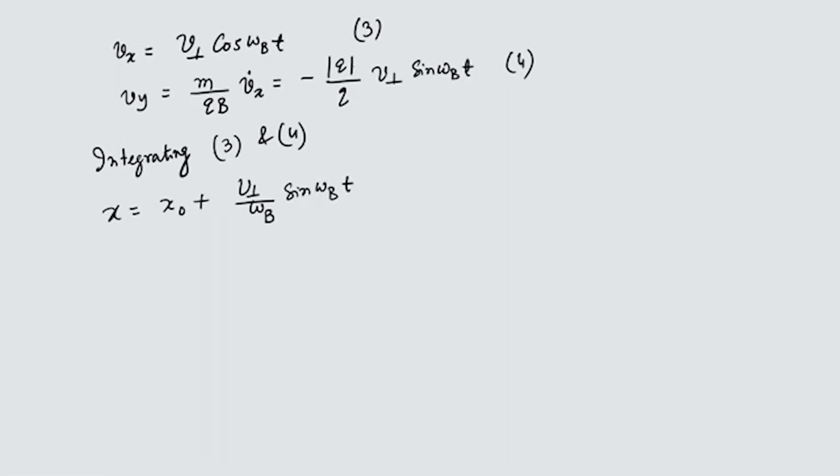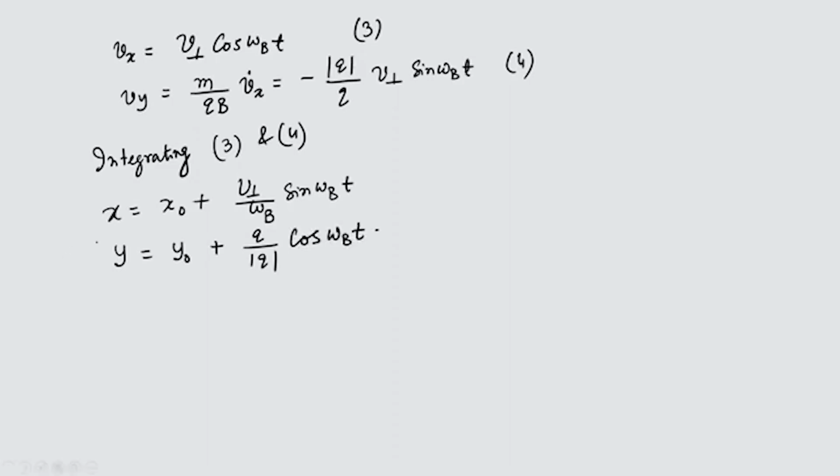So this will give me the x motion, and the y motion is almost similar, harmonic, but out of phase by an amount pi by 2. This is a cosine omega_b t.